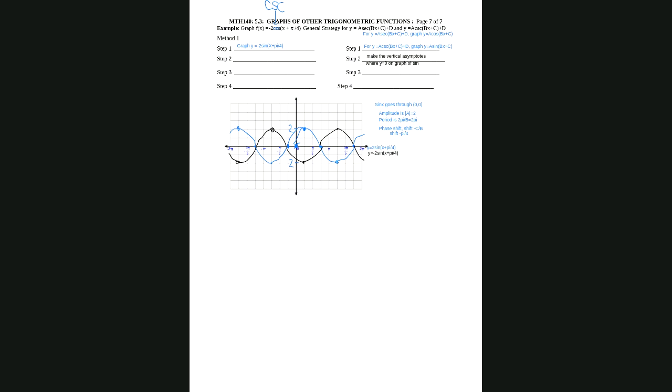I think I'll do purple. Okay, and then we're going to draw the U-shapes between the asymptotes.